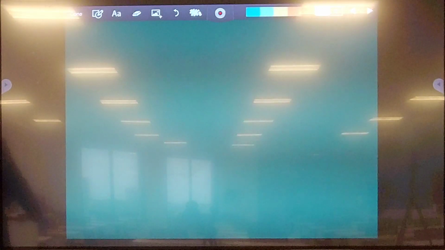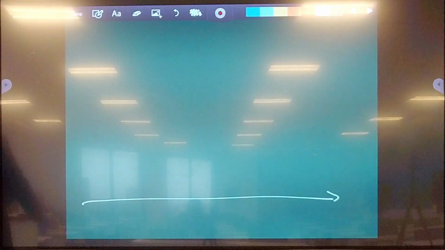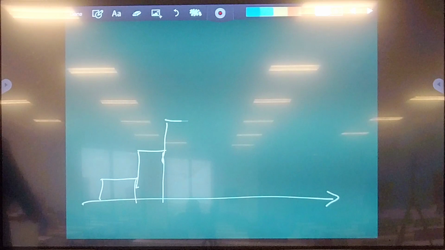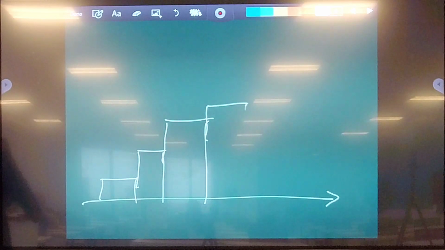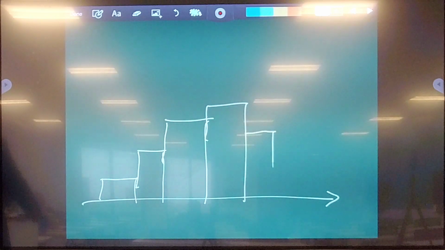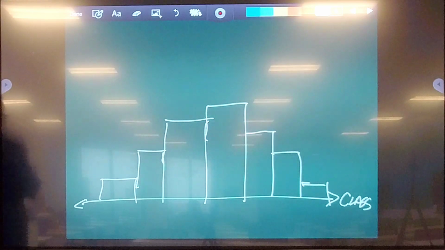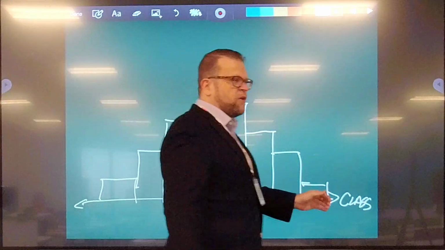shape of a distribution. If I have a histogram, it looks like a bar chart. It's really not. It's got all of the bars touching one another, because down here on this horizontal axis, this is what our classes are. All of our classes are going to live somewhere on this axis.